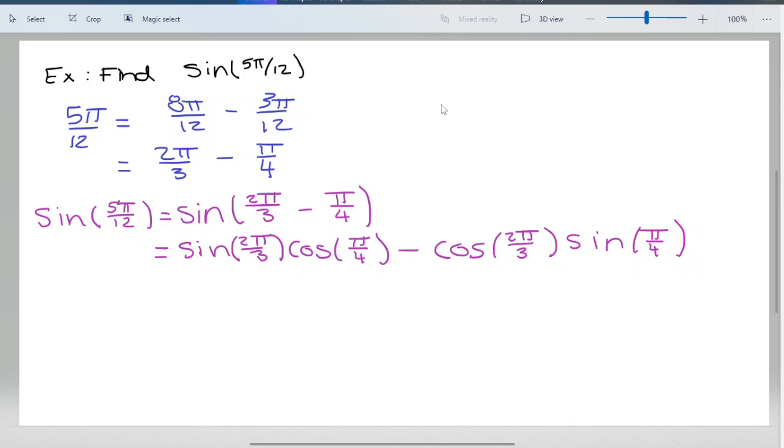So let's go ahead and look at what happens when we evaluate these two things. We're going to look at 2 pi over 3. Now 2 pi over 3 is going to be here, with a reference angle of pi over 3.